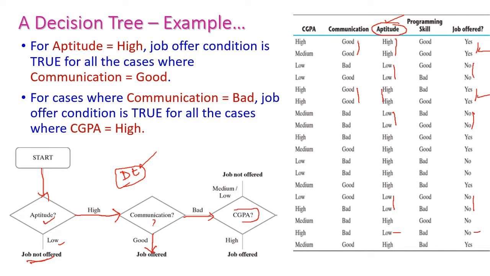Next we will check the CGPA: high, medium or low. If CGPA is high, communication is bad and aptitude is high, then yes, the job is offered. If CGPA is low, then the job is not offered.